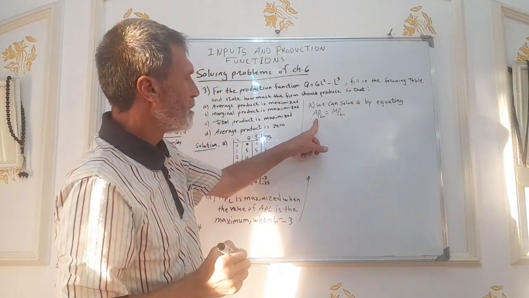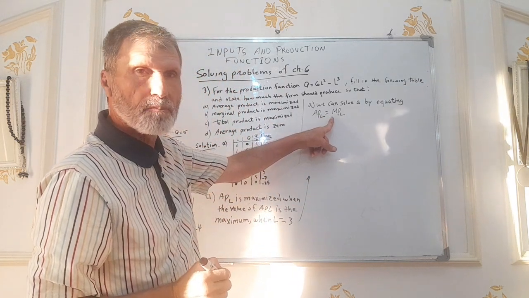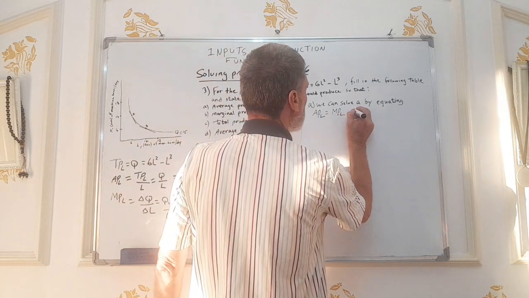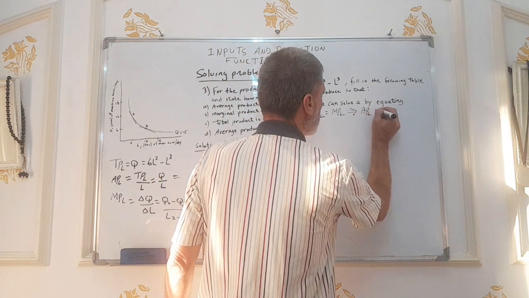When we do that, equating average product of labor with the marginal product of labor, this implies average product of labor is maximized.